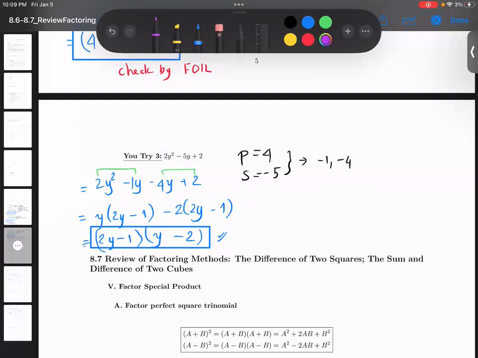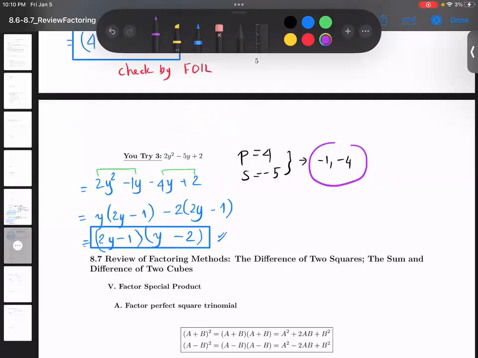So this is what I don't want to see: after you found the product and the sum, you say, oh, that will be y minus 1 and y minus 4. That's not correct. For one thing, negative 1 times negative 4 is positive 4, not positive 2. And another thing is that y times y is y squared, not 2y squared.